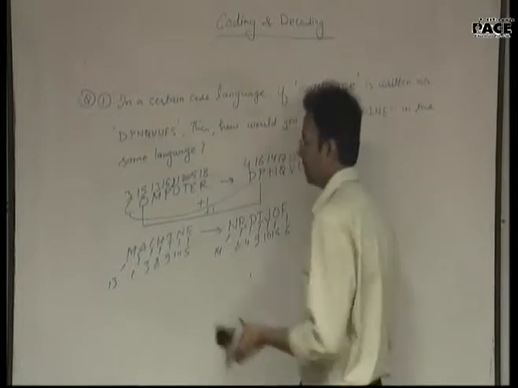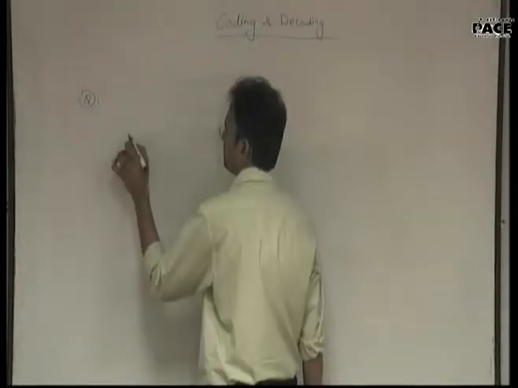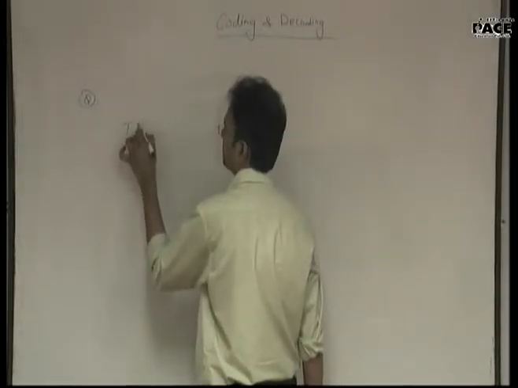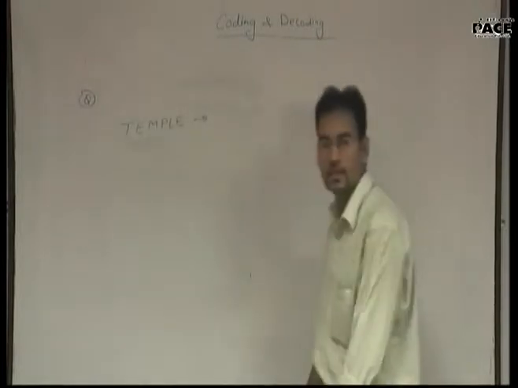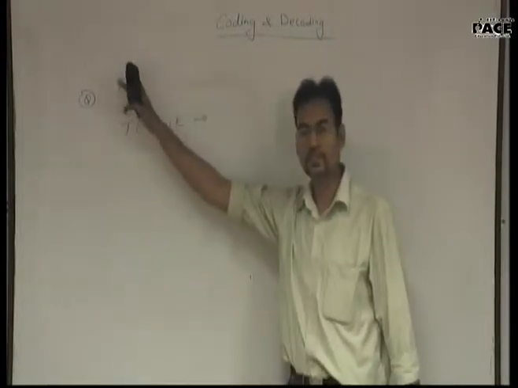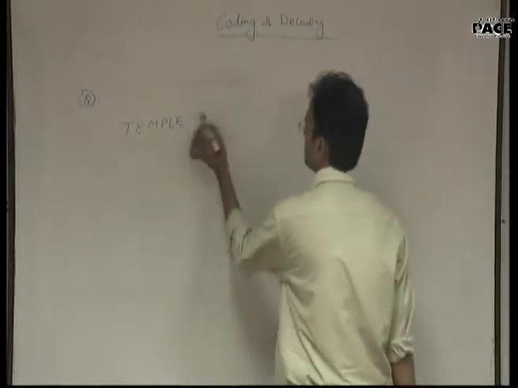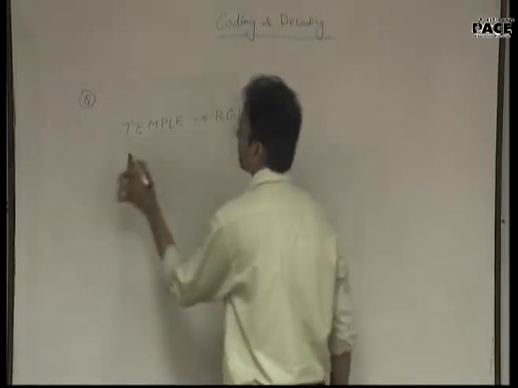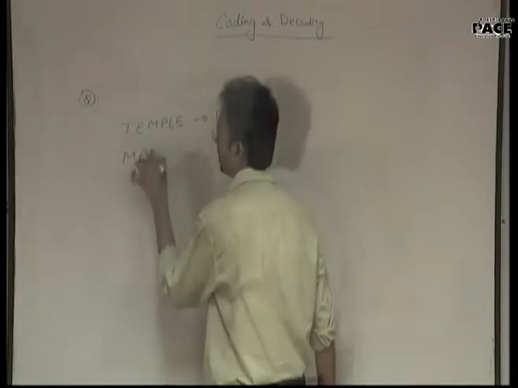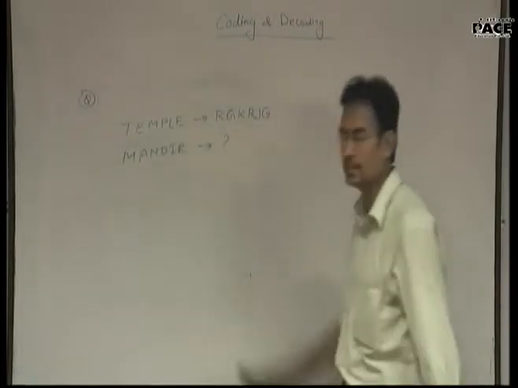Now we can take some more examples. In a certain code language, the same language is there, Temple is written as. Similarly, how would you write Mandir?